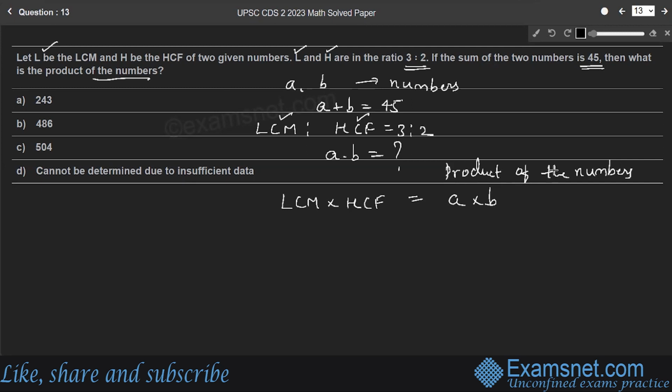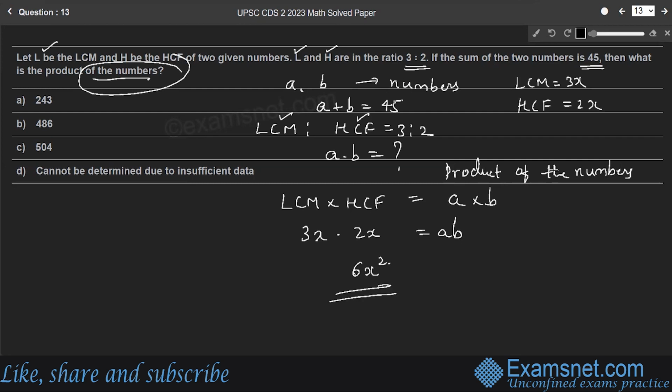If LCM and HCF are in the ratio 3:2, we'll consider LCM as 3x and HCF as 2x. Therefore, 3x into 2x is equal to product of two numbers. Right? So here the question is to find product of the numbers. AB is 3x into 2x, which is 6x square. What is x then? Right?